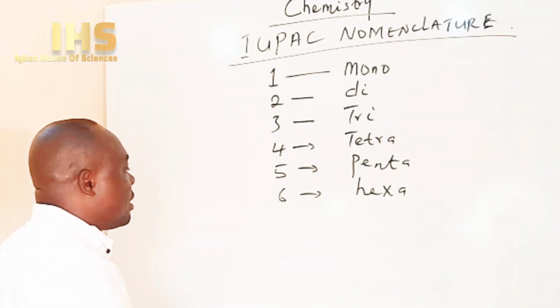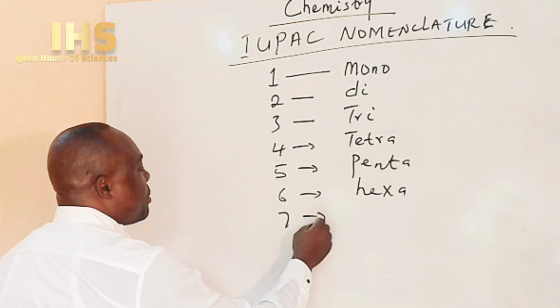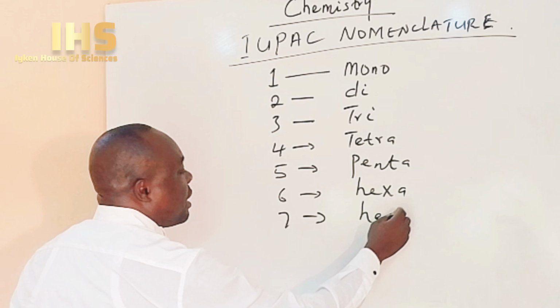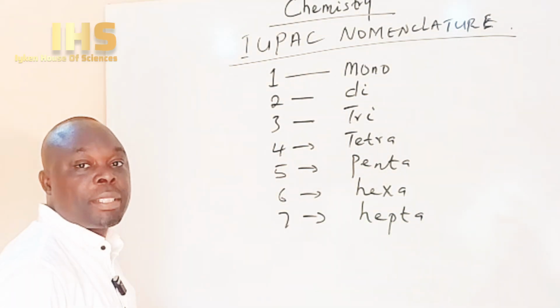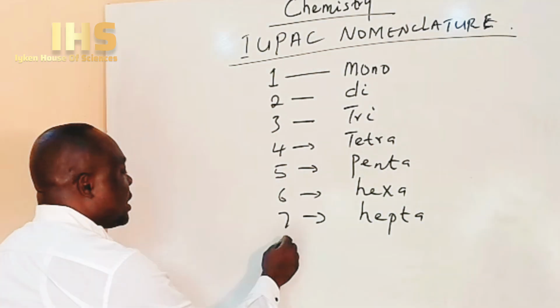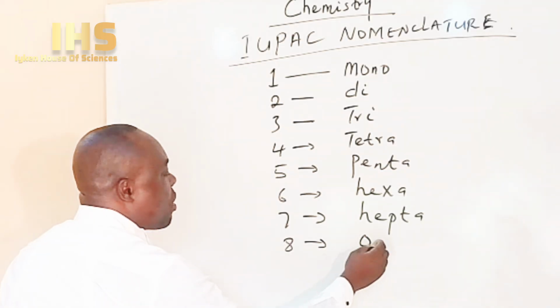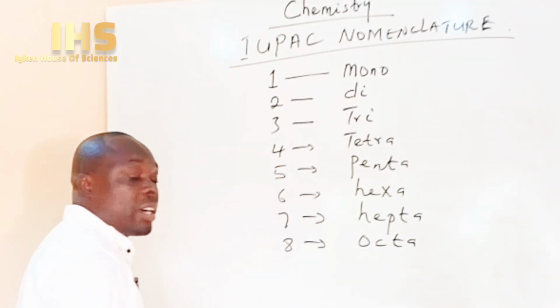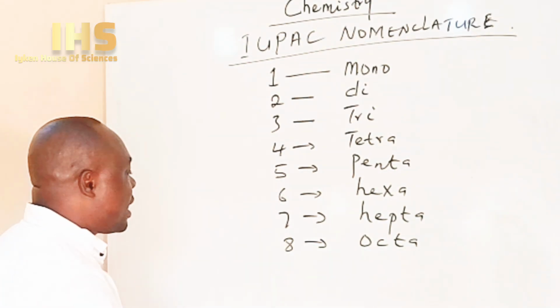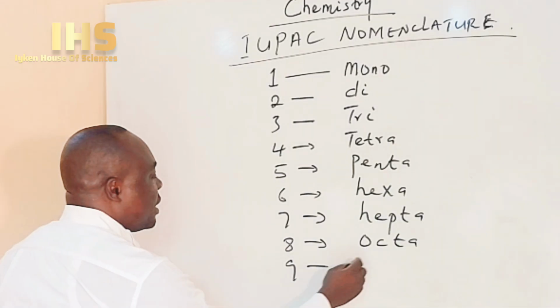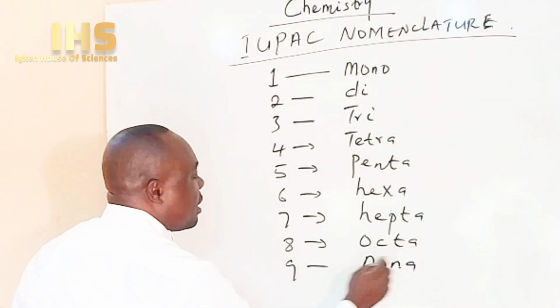Seven is hepta. Eight is octa. Nine is nona.